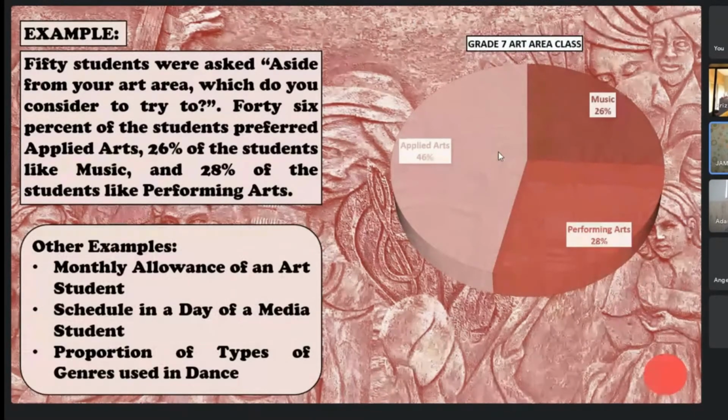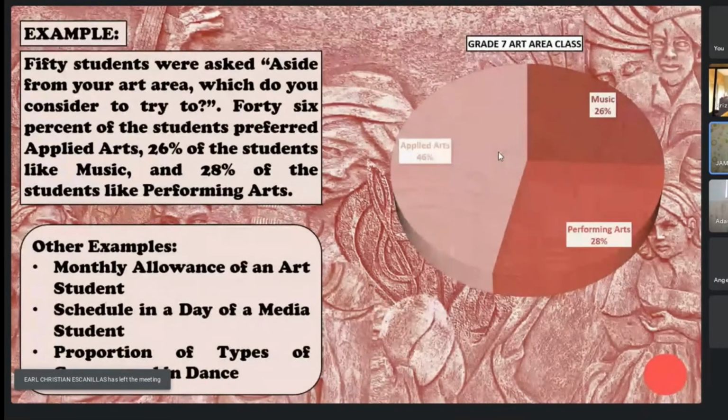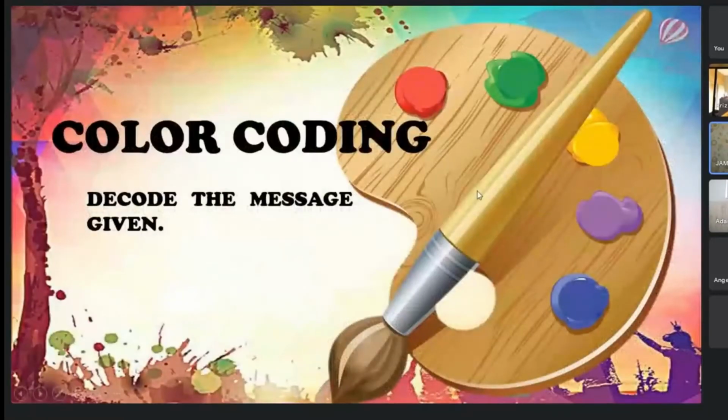Here are other examples where we can use a pie chart: monthly allowance of an art student, schedule in a day of a media student, as well as the proportion of types of genres used in dance. Again, if we want to use a pie chart or circle graph, you are going to show the percentages of the data. Next, let's proceed to another type of graph.